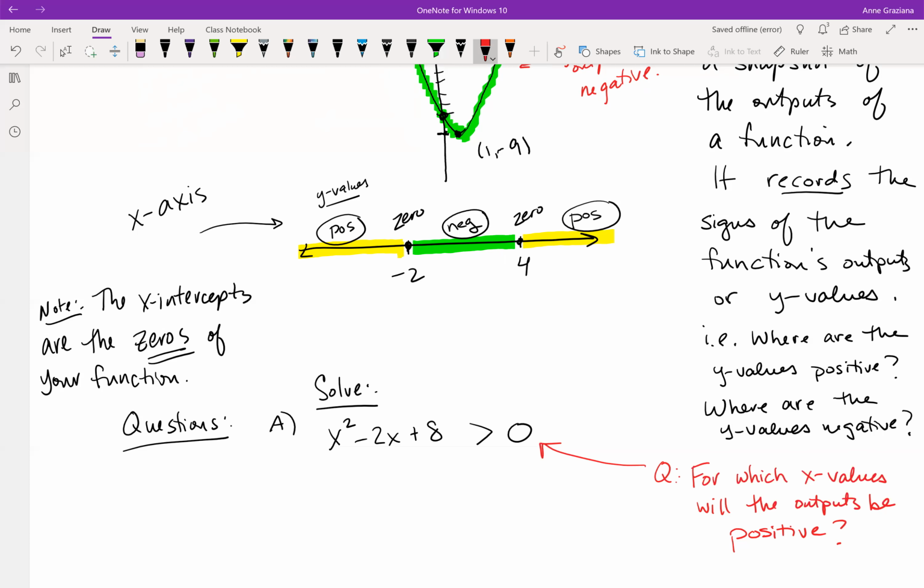But you've got to be a little bit careful, because this is strictly greater than 0. I'm not including 0. So the answer would be from here to here, but not including -2. So negative infinity to -2, and then from 4 to infinity. And because there's no equals, that means we don't include the zeros.